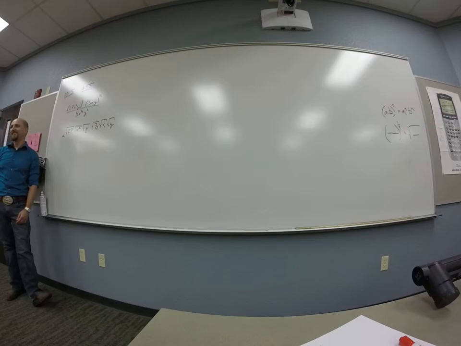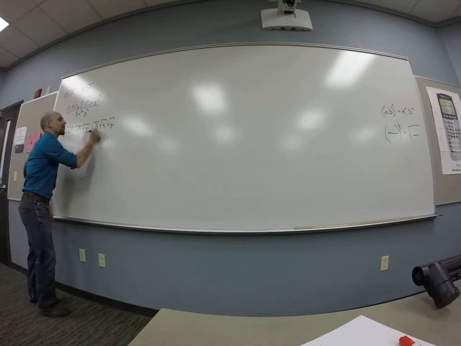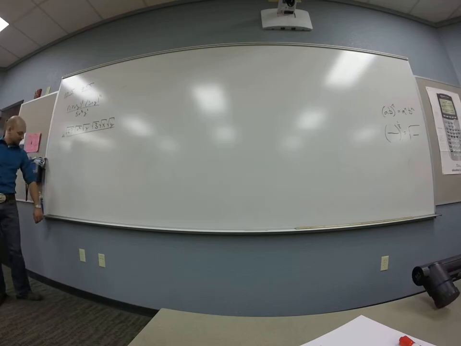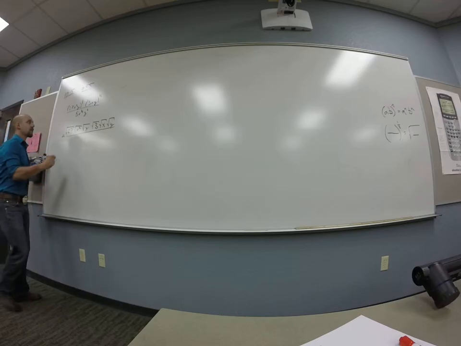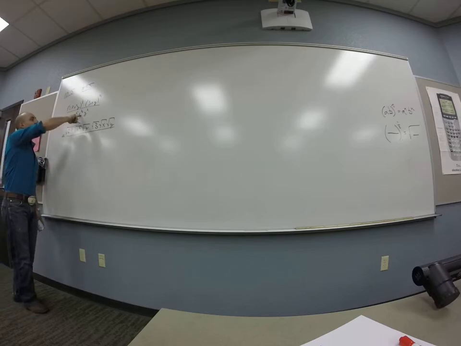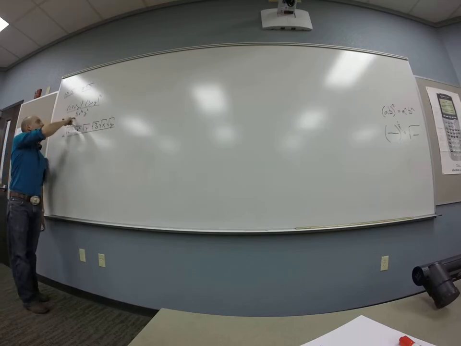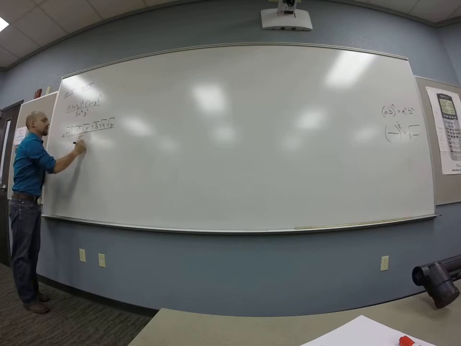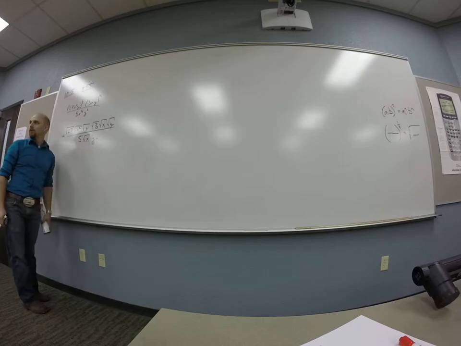And then on the bottom, what have I got? 5 times the square root of x times y squared. Where's the 1/2 on the bottom? It's just on the x. So there's a 5, there's a square root of x, and there's a y squared.